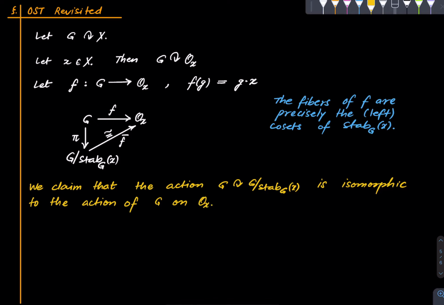And the isomorphism is, in fact, f bar. f bar from G mod stabilizer of x to orbit of x is an isomorphism.